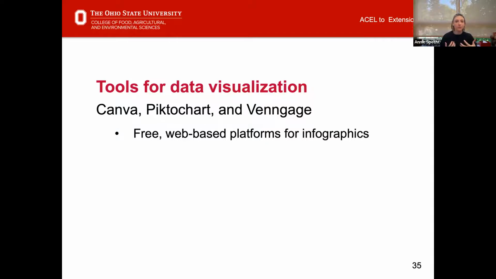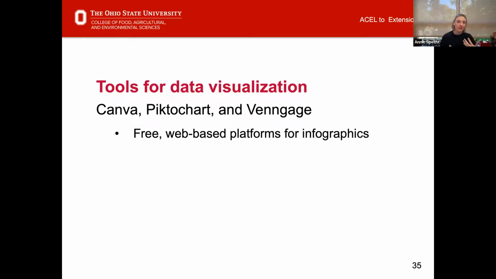Piktochart is very much in the same way, where we're looking at how we can take our data and transform it into visuals. Venngage helps you make different types of charts and graphs. And these are free, they're web-based. You can find them in a Google search and they don't cost anything to utilize.